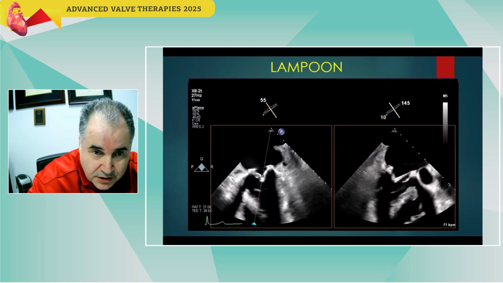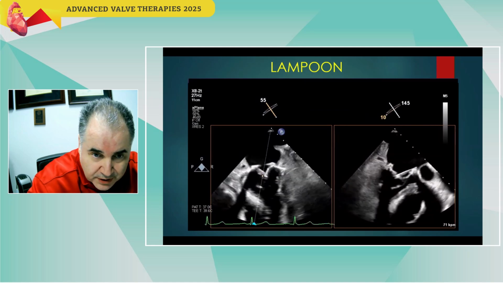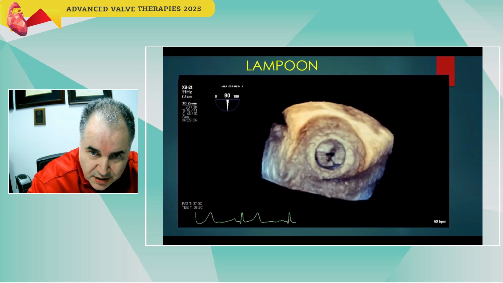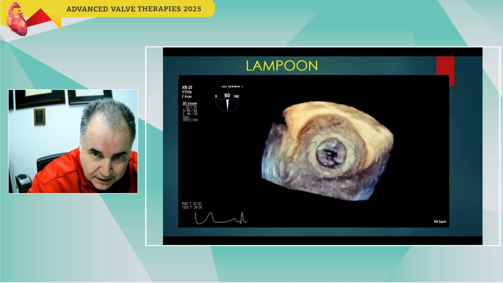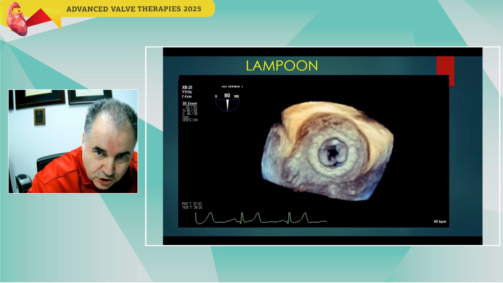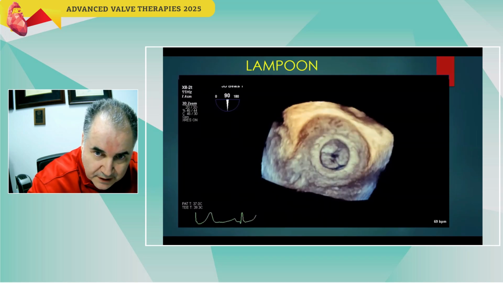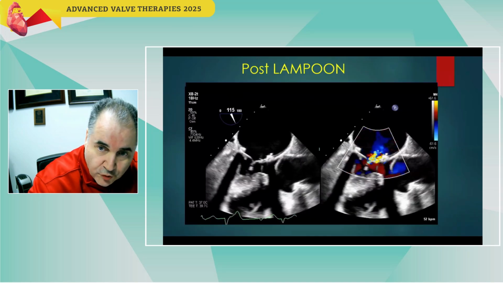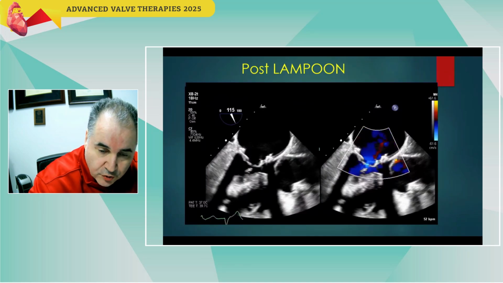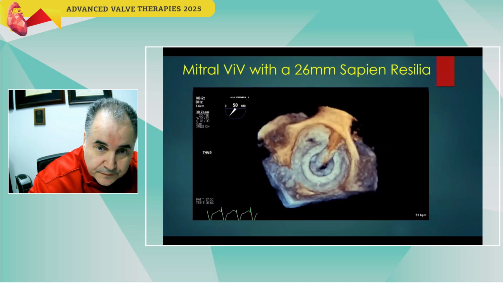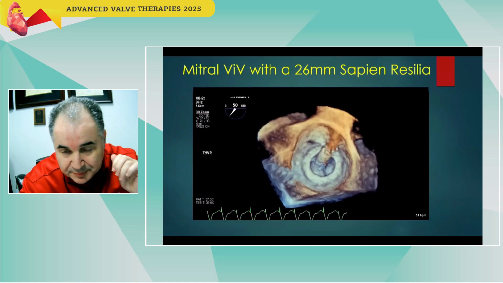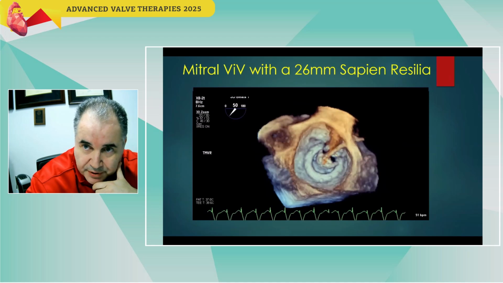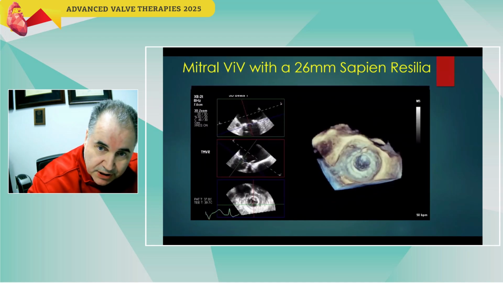As you can see, it's a complex procedure, but now it's much easier. Many centers do that. As you can see, the anterior leaflet of the prosthesis is completely lacerated. Here you see the flow through the laceration of the anterior leaflet. And now under rapid pacing, the new valve is being placed, a 26 millimeter Sapien Resilia valve.